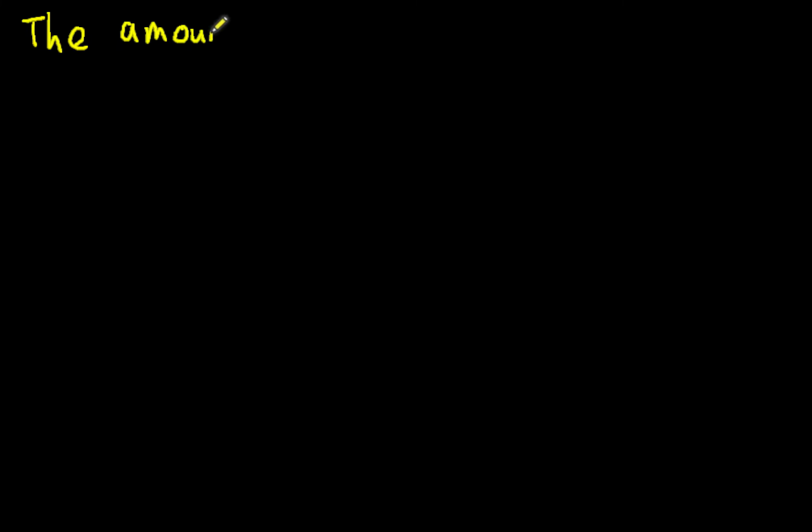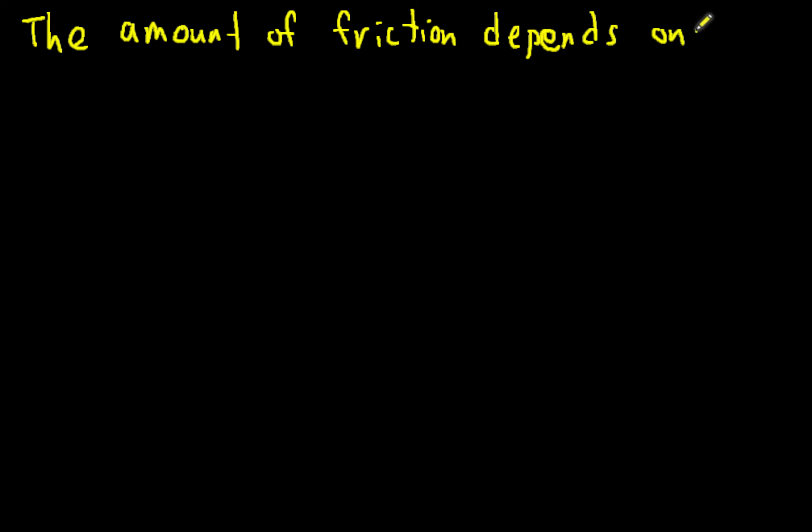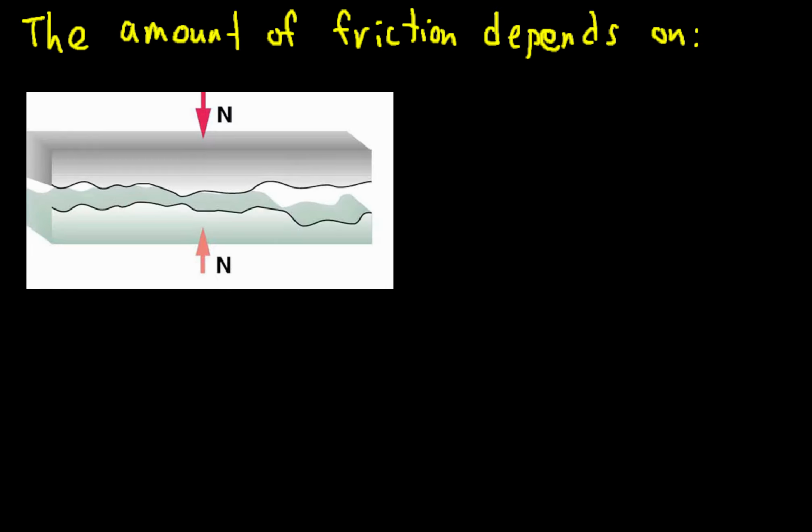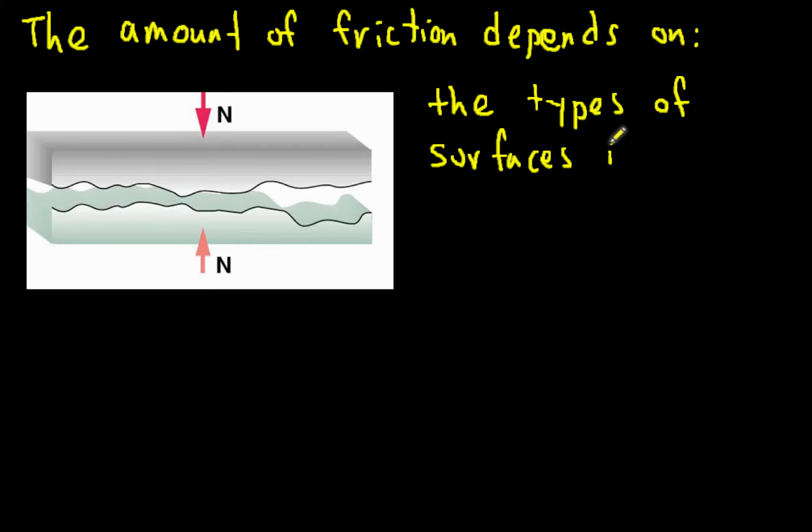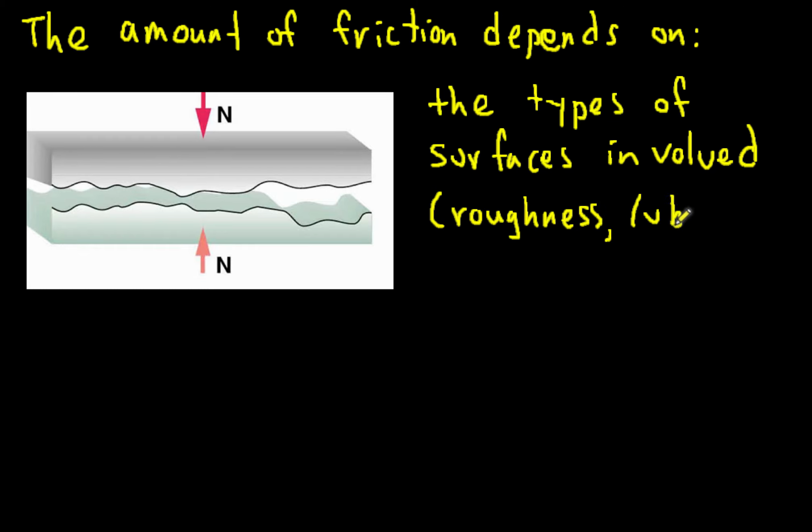There are two things that can change the amount of friction on an object. The amount of friction depends on the types of surfaces involved. Different surfaces have different levels of roughness, but they also have a different level of lubrication.